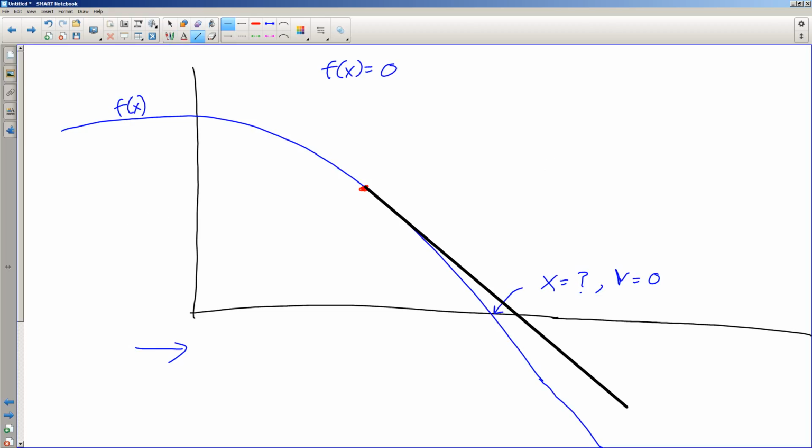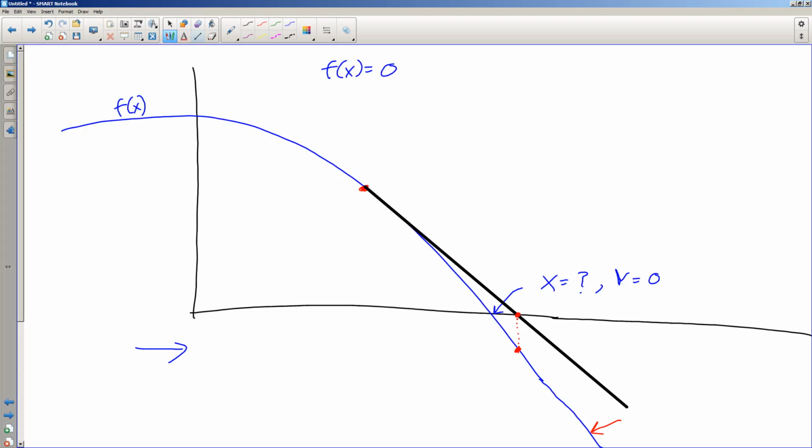I come right here. I figure out where the black line itself intercepts the axis. And then I take that x value and I plug it into my original equation. And it's going to come down about right here. So this is my error. This is how much I'm actually off. But you can see that this guess looks better than my original guess.